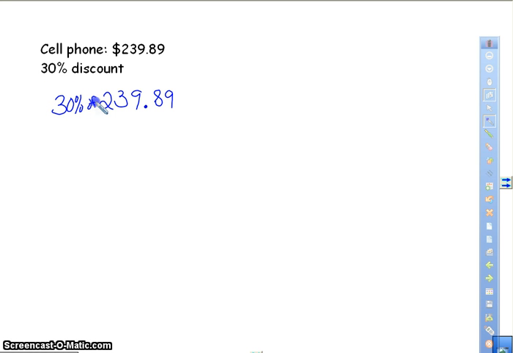So I have a cell phone that costs $239.89, and I have a 30% discount. I'm going to take my amount, $239.89, and find 30% of that number. 30% as a decimal is 0.30.